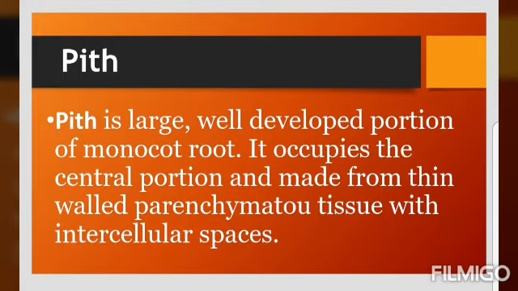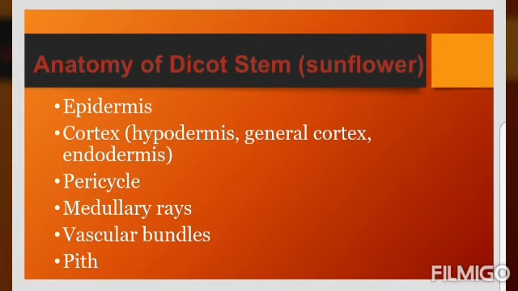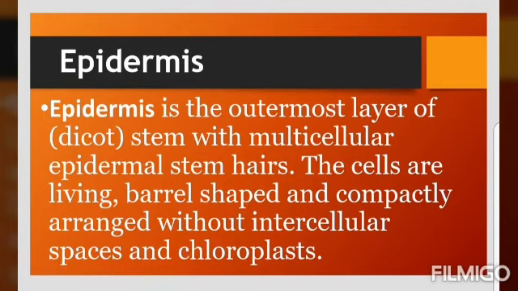Let's talk about the TS of a typical young dicotyledonous stem, which shows that the epidermis is the outermost protective layer of the stem. Covered with a thin layer of cuticle, it may bear trichomes and a few stomata. The cells arranged in multiple layers between epidermis and pericycle constitute the cortex.